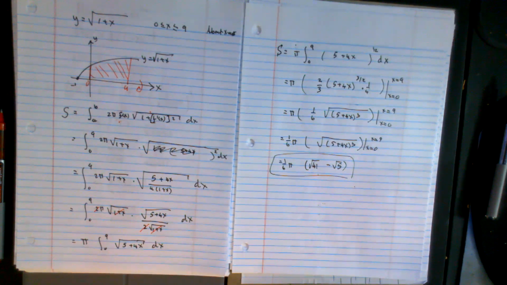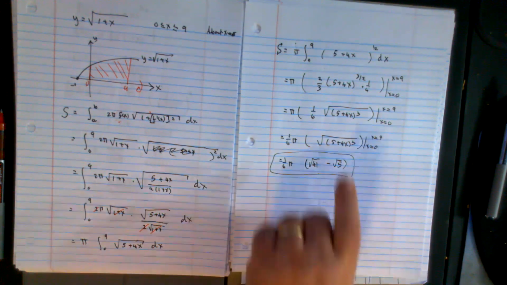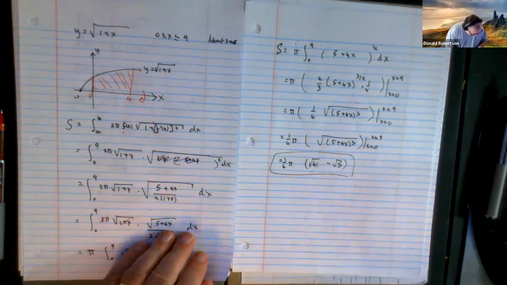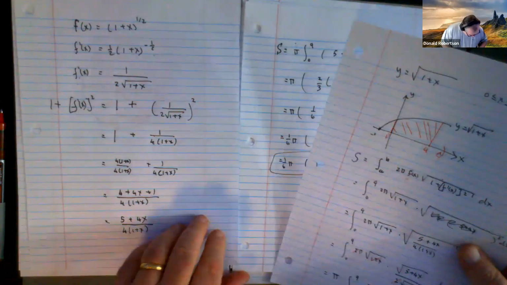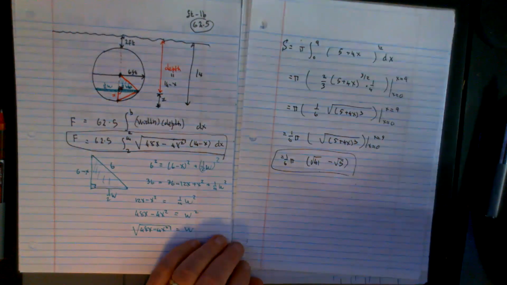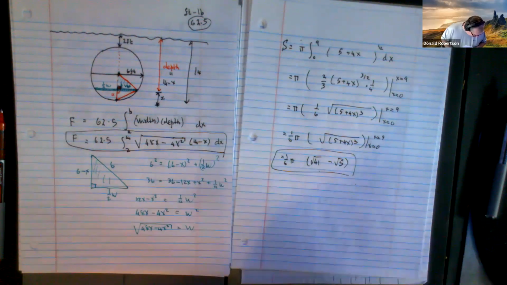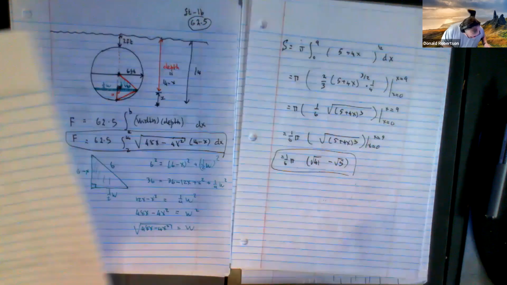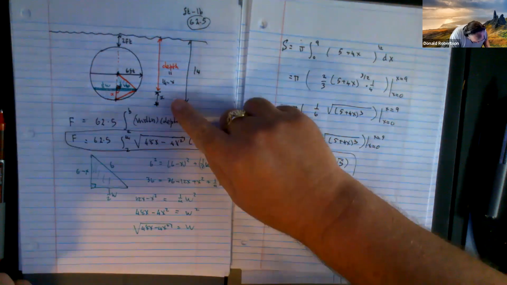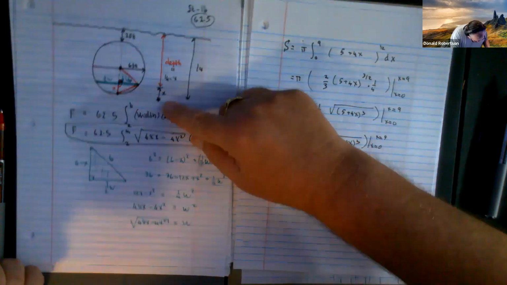On the last question, what one? What do you get for A and B? Or no, the question we did before this. I think I did it from the bottom to the top. So what was that number? I said 2 to 14. I think that was the numbers I picked. Okay. I'm doing it from the depth. So depth is, I guess I could have done it in terms of X. Would it make any difference? At this point, X would be 0, and at the top it would be 12.